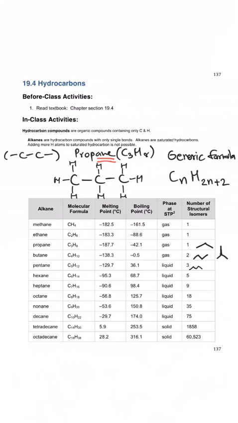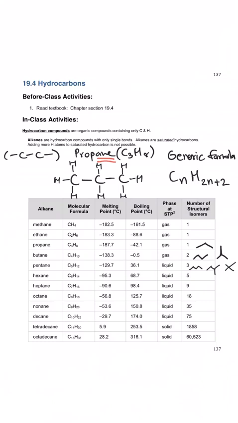Another one is by moving 1 carbon and connecting it in a different position, for example, like that. And the last one would be when you connect it all to 1 carbon, right? So that would be the 3 available structural isomers for pentane. And then you can keep going on, right? You will see that the more you increase the number of carbon, the more you increase the number of structural isomers for that particular compound.